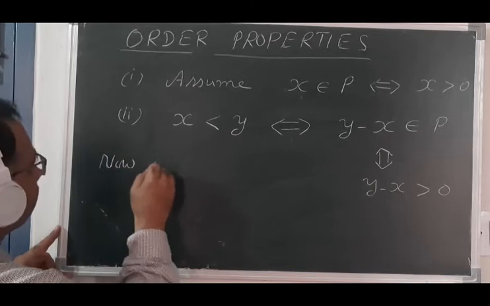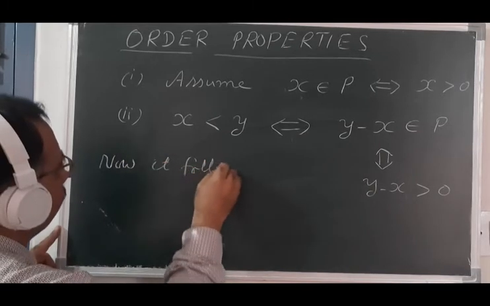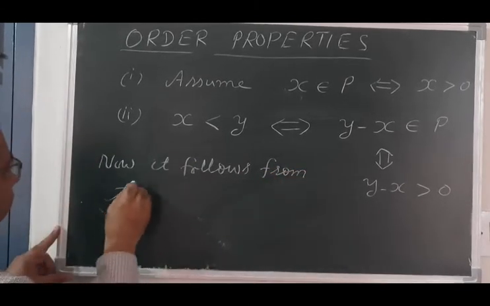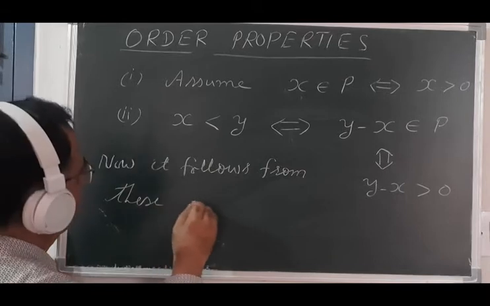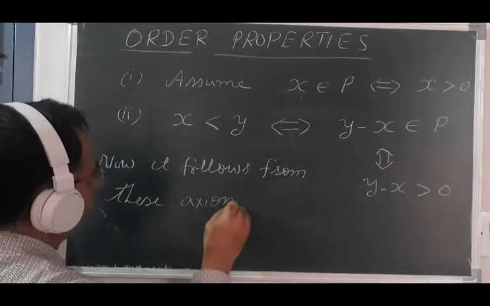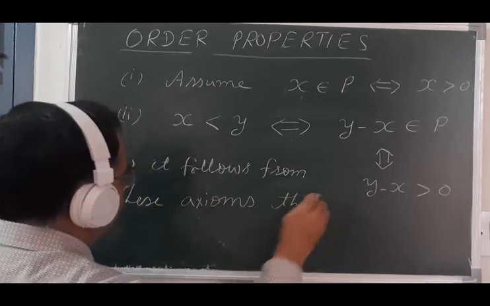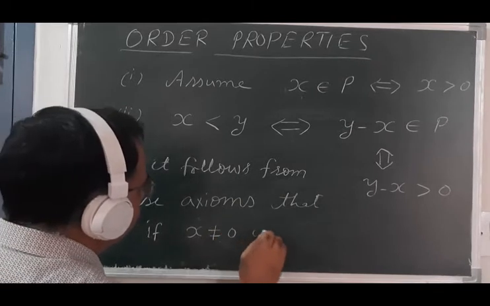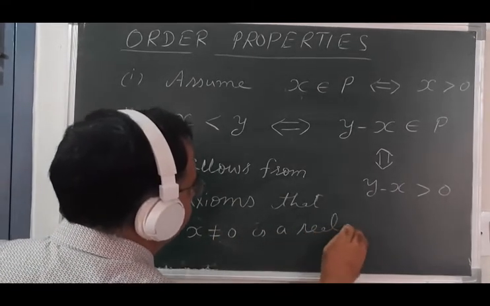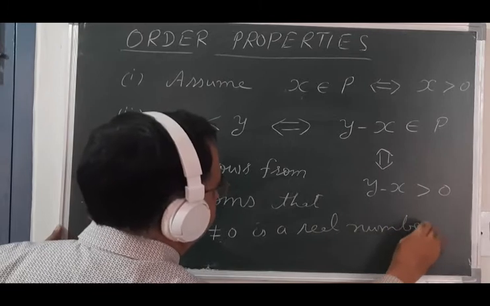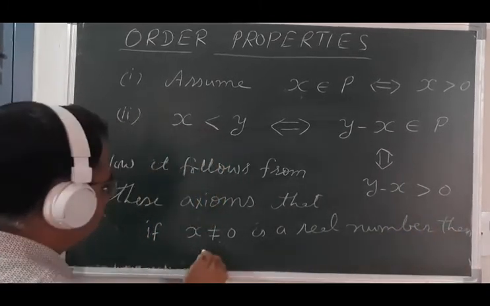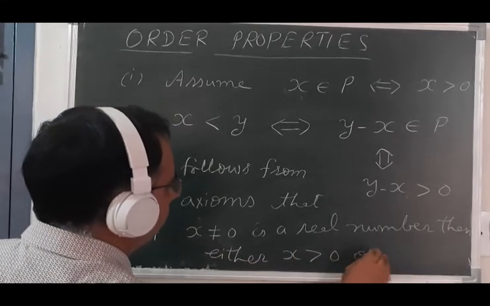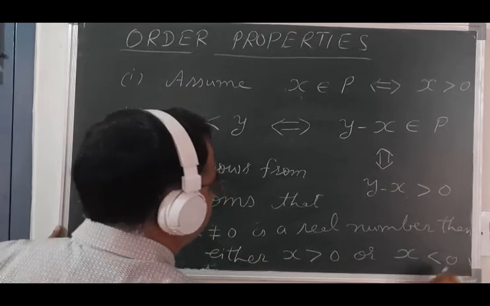Now it follows from these axioms that if x not equal to 0 is a real number, then either x is greater than 0 or x is less than 0.